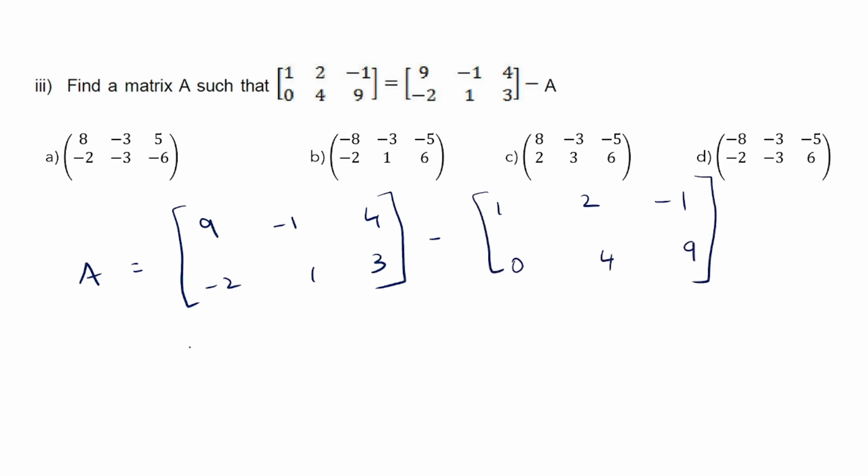So this is how we can find A. So A is equal to 8, minus 1 minus 2 minus 3, 4 plus 1 is 5, minus 2 minus 0 minus 2, then 1 minus 4 minus 3, then 3 minus 9 minus 6. So the correct option is option A.